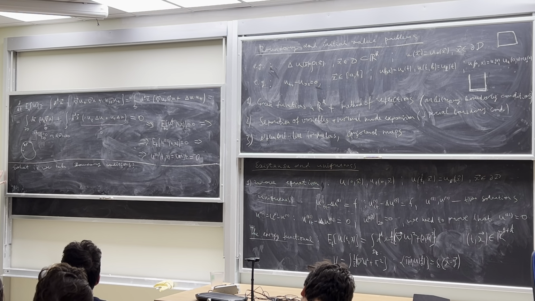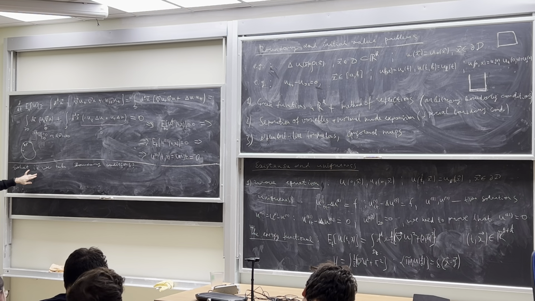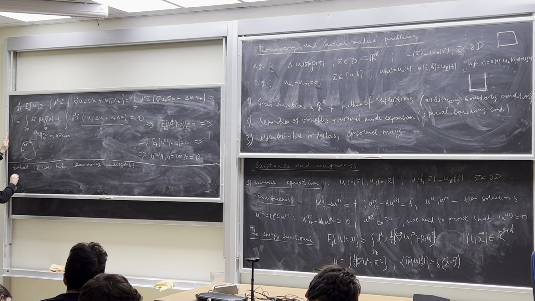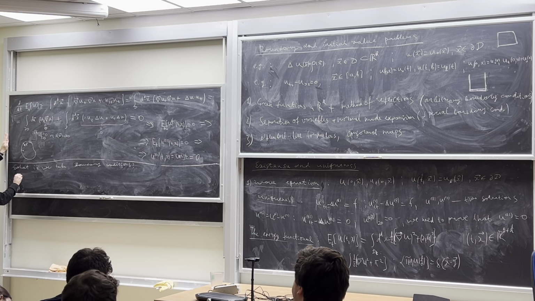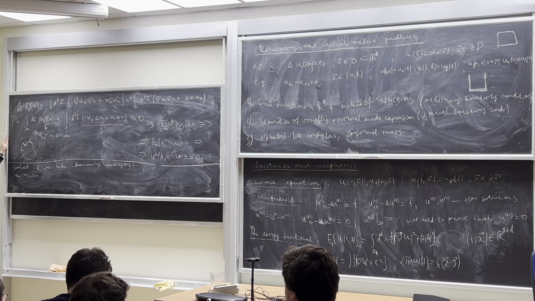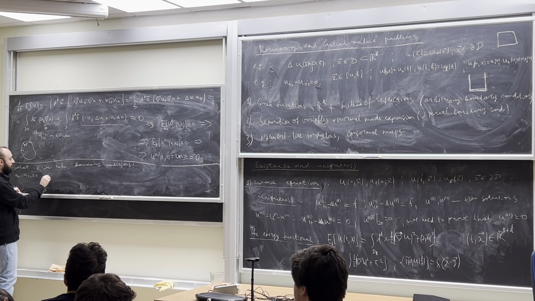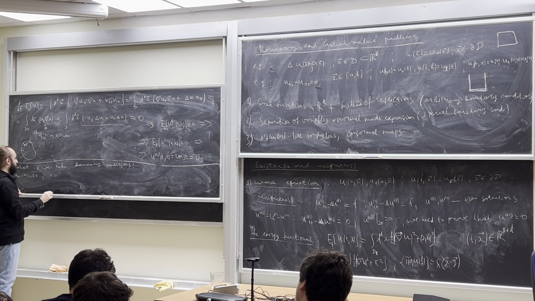Namely, let us study u_t minus u_x equals 0 with boundary conditions given on the boundary.